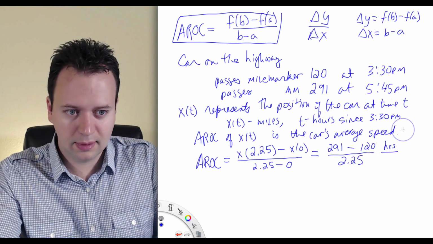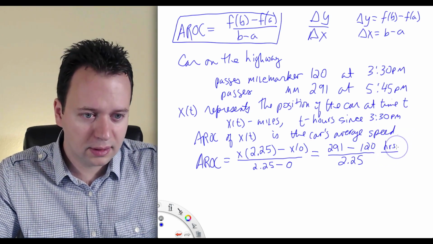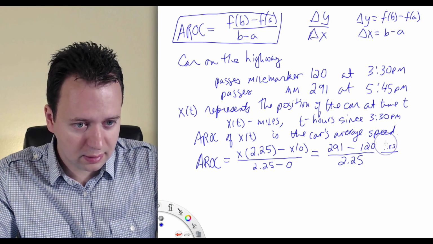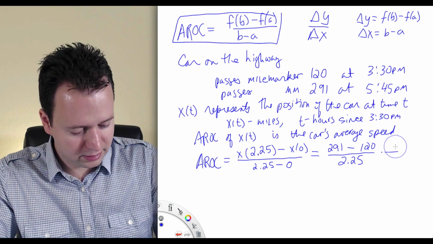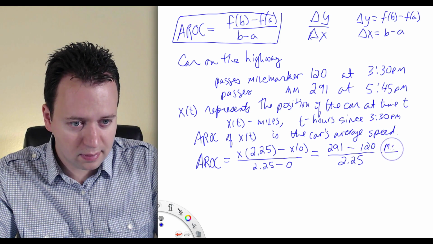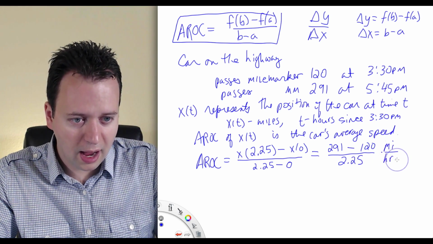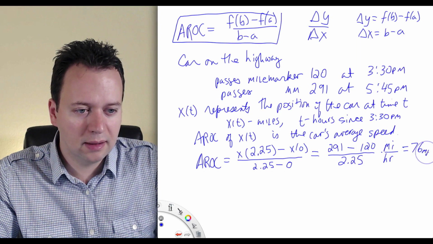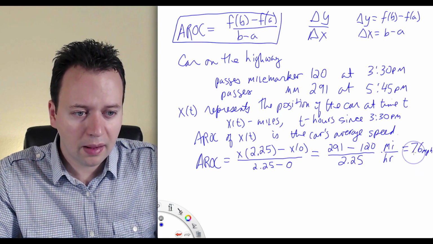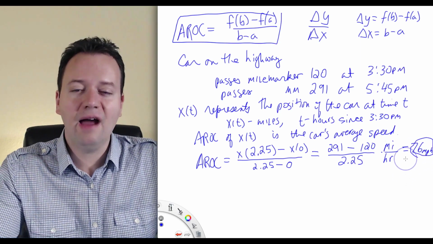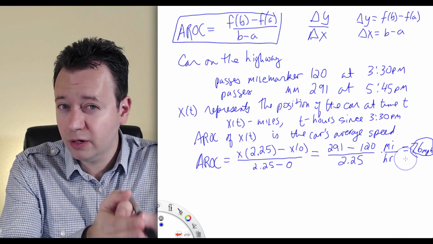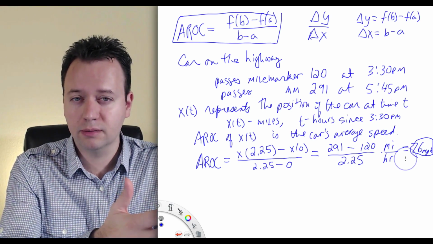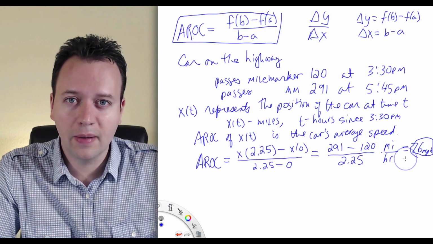It's miles on the top per hour. And when we divide this out, we get 76 miles per hour. So the average speed of the car, or the average rate of change of the car's position, is 76 miles per hour. Now what does this mean?